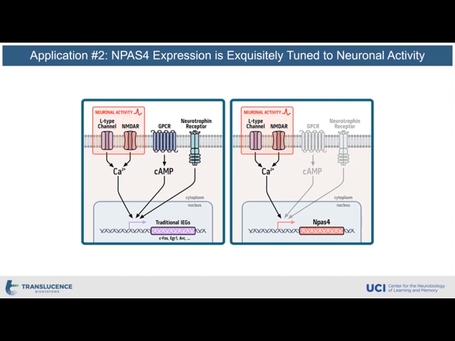So when neurons are active, there is a concomitant flux of calcium ions into cells that we know activate a series of what are known as immediate early genes, such as CFOS and ARC and others, and this concept has been used extensively to visualize the neurons that are selectively active during a particular experience.